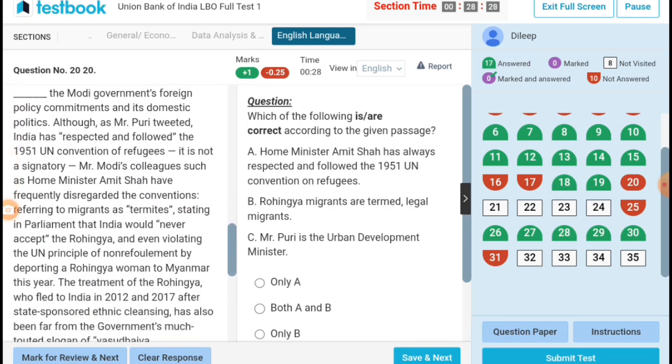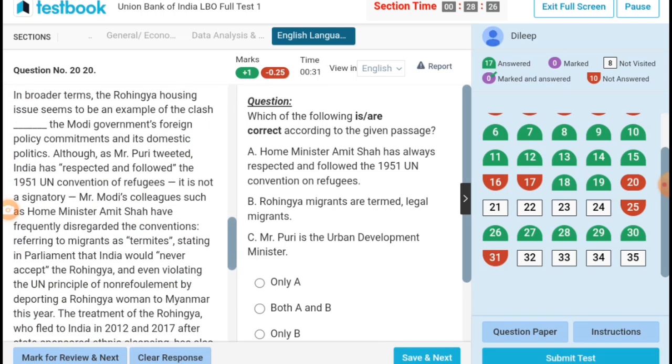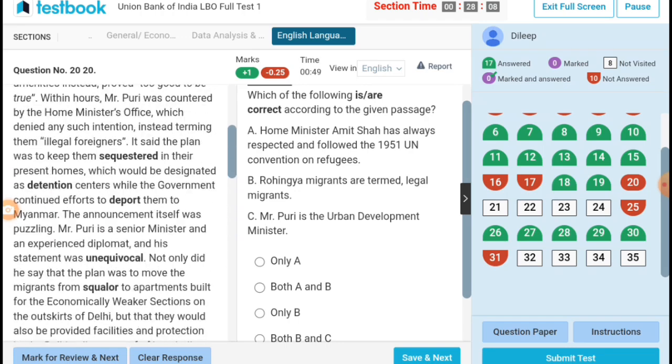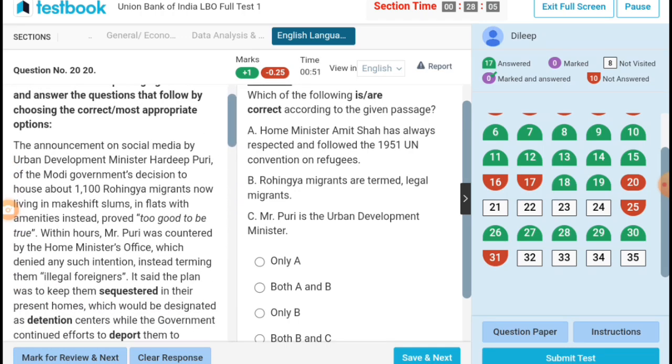UN conventions. India has respected and followed the India migrant means legal.